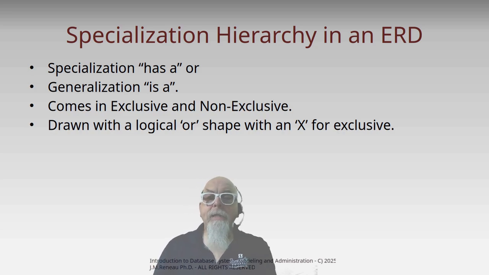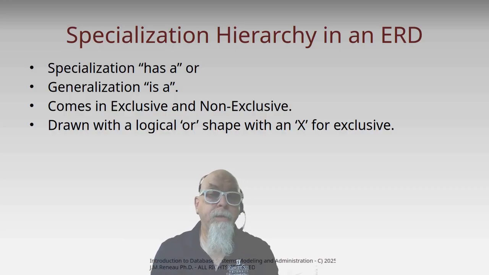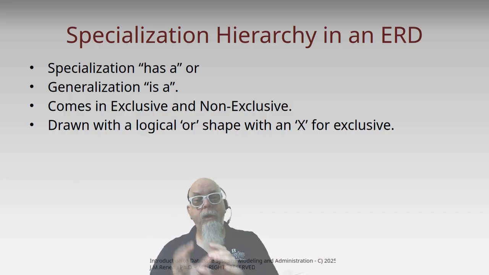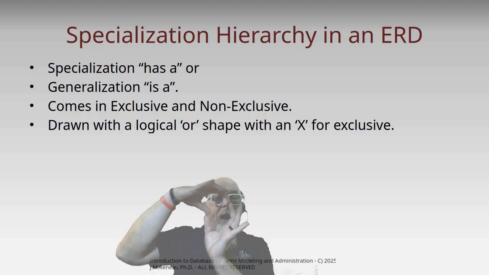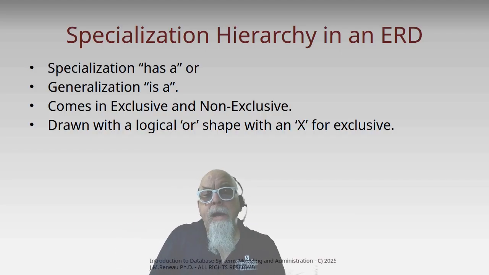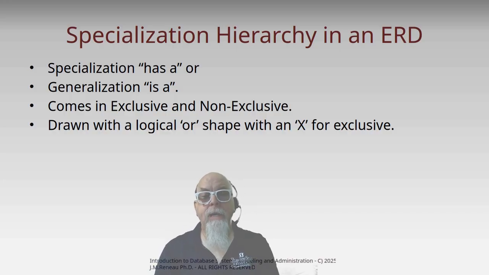In an entity relationship diagram, specifically the logical model and physical model, the IE style model, we're going to use a little symbol that's rounded on the top and flat on the bottom, and either has an X if it's exclusive or not. It's a different way of drawing it than we did in the conceptual data model, but once you see it, I hope it'll make a lot of sense.